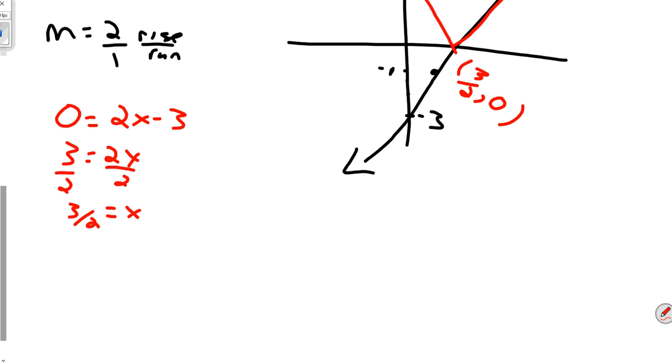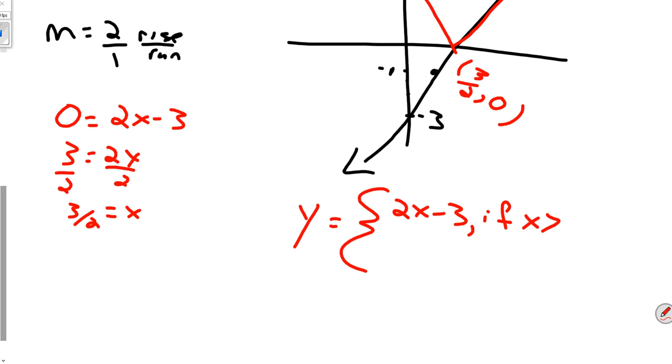So tell me if this looks familiar. So it's the regular function if x is greater than 3 over 2, and then it's the absolute function if x is... Okay, and I will have to take that off the file.